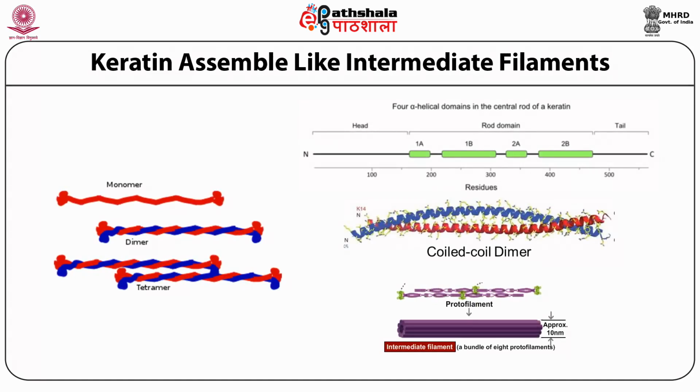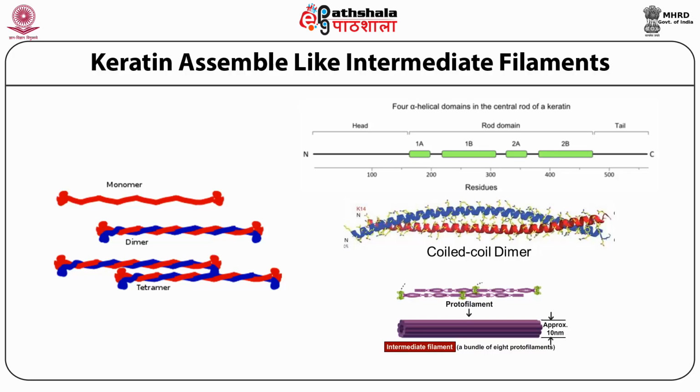Here I show you the structural domain assembly of keratin. As I said before, in the long keratin molecule, the green segments are helical regions, and those gaps could form turns. The N and C terminals form small globular domains.